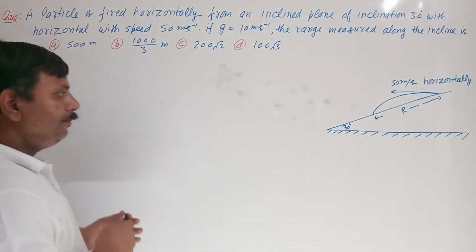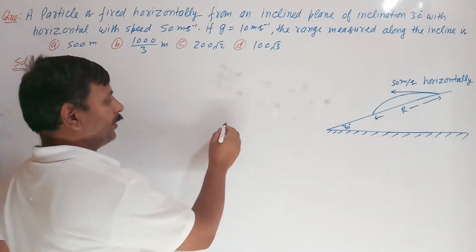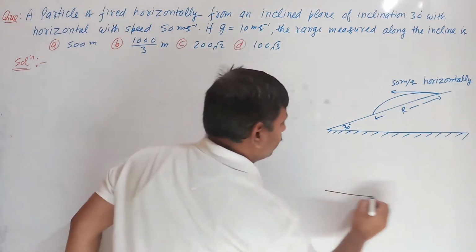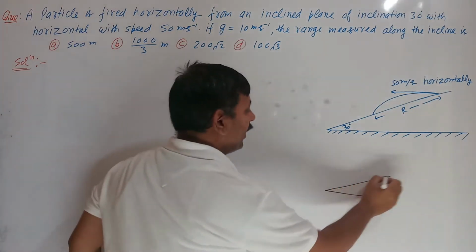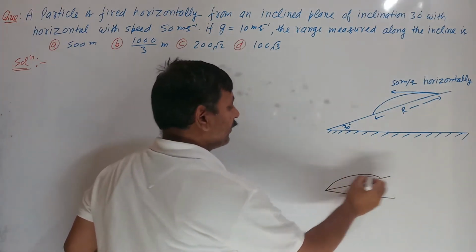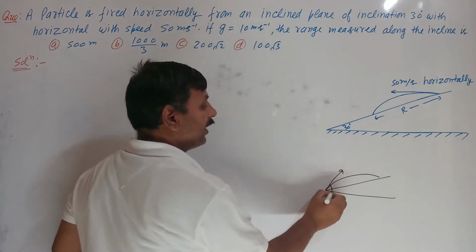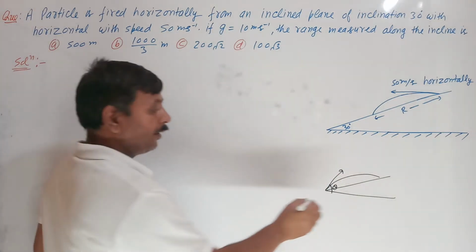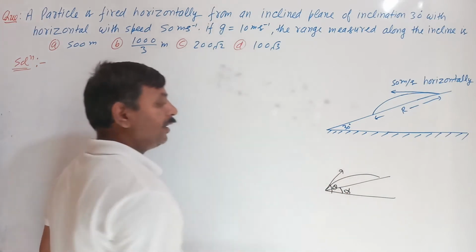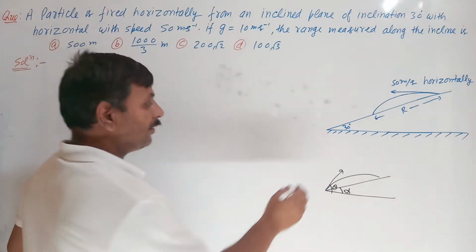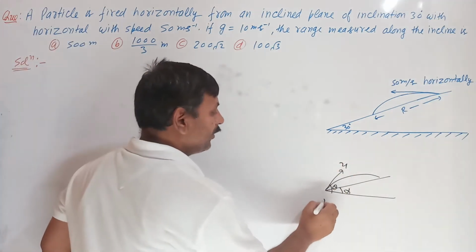So see here, if a particle is projected along inclined plane, if initial velocity is at angle theta from horizontal, angle of inclined plane is phi, initial velocity is u. The formula for range is what?